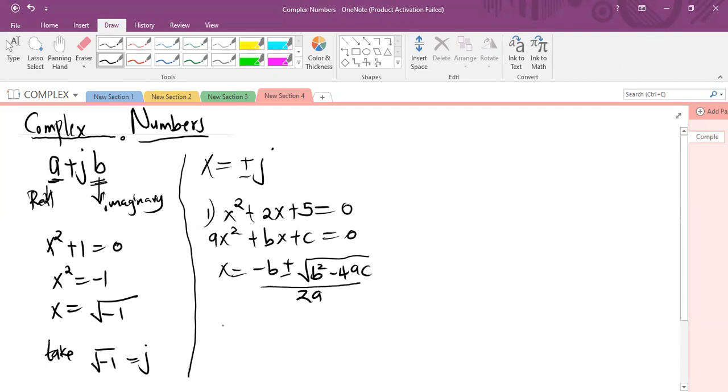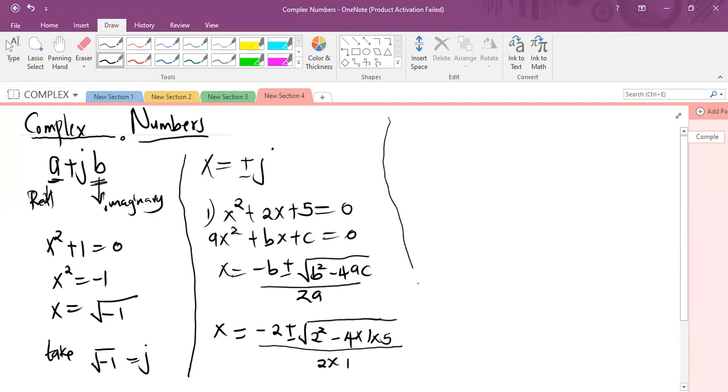So what's going to be the value of our x? Our x will be equal to minus 2 plus or minus the square root of 2 squared minus 4 times 1 times 5, all this divided by 2 times 1. And what does this give?